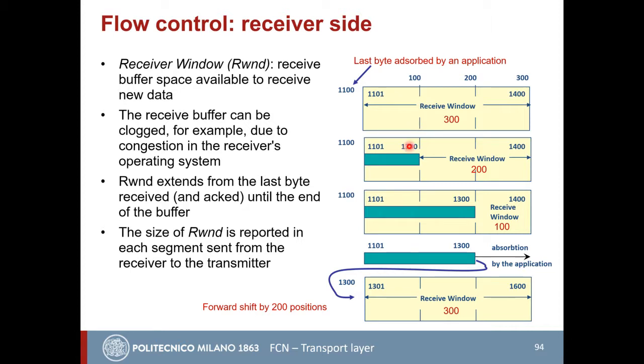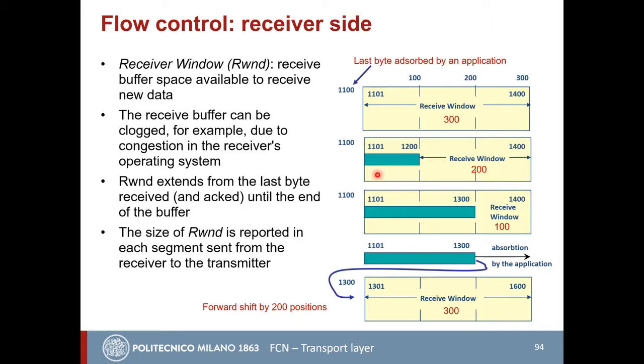Now, in the second picture, the sender sent a first segment to the receiver. And the first segment contains bytes from 1101 to 1200. So it contains 100 bytes.